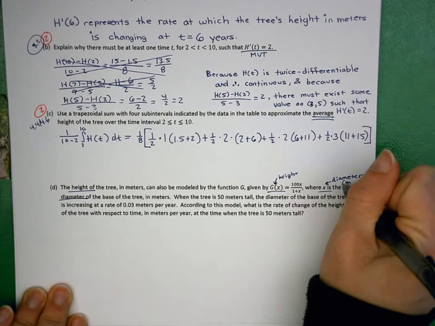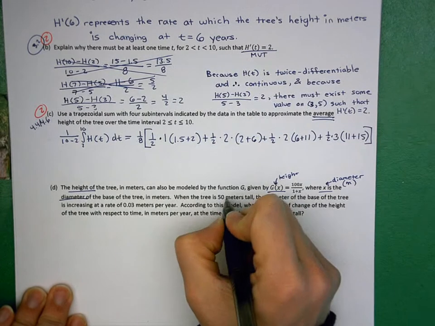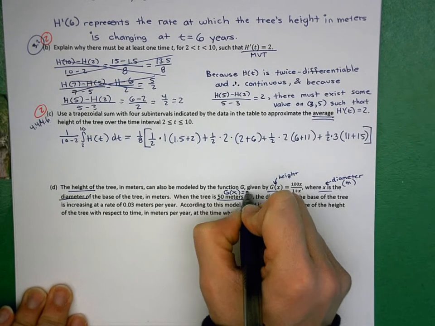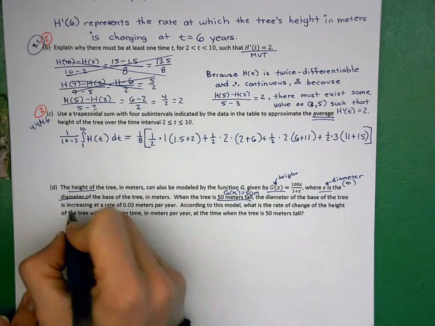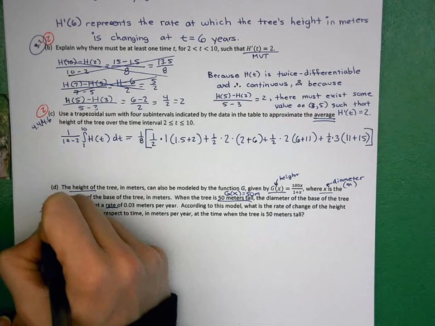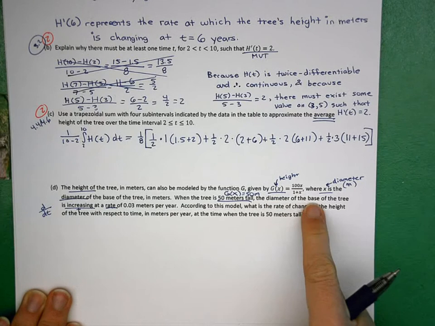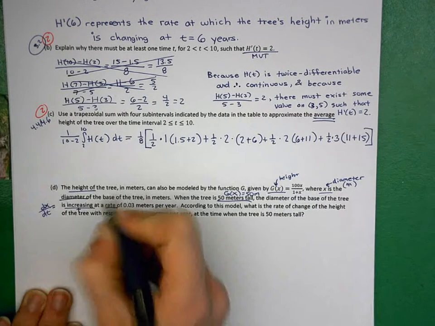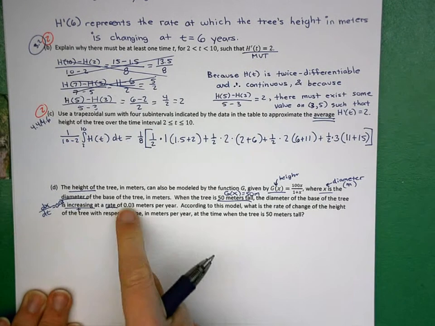When the tree is 50 meters tall, this g of x equals 50. The diameter of the base of the tree is increasing, so this is a rate, a d/dt. What's increasing? The diameter of the base of the tree is increasing at a rate, so this is dx/dt, positive 0.03. Remember, if they said decreasing, we'd need to make this negative 0.03.